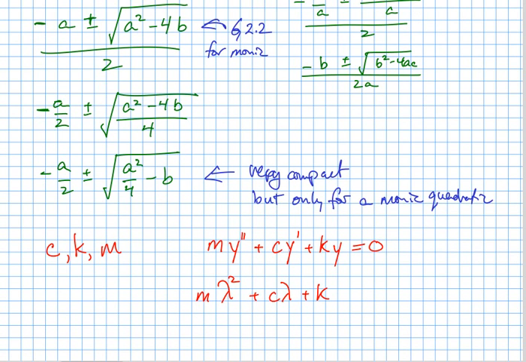Or he will make it monic, which is to say he'll put this plus C over M lambda plus K over M. And when he does that, he puts these things into his quadratic in the appropriate places.